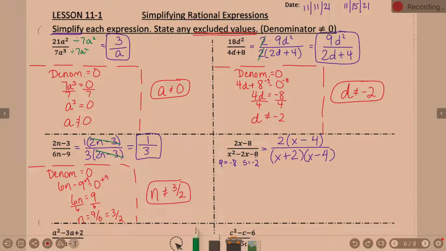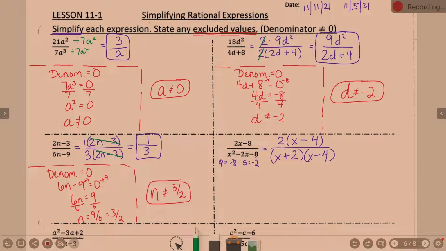I see a 2 and I see an x plus 2. I don't see any plain x's. There's an x minus 4. Are there 2 matching x minus 4s? Yes. They have to be, the whole factor, remember, has to be matching. You can't just cancel.